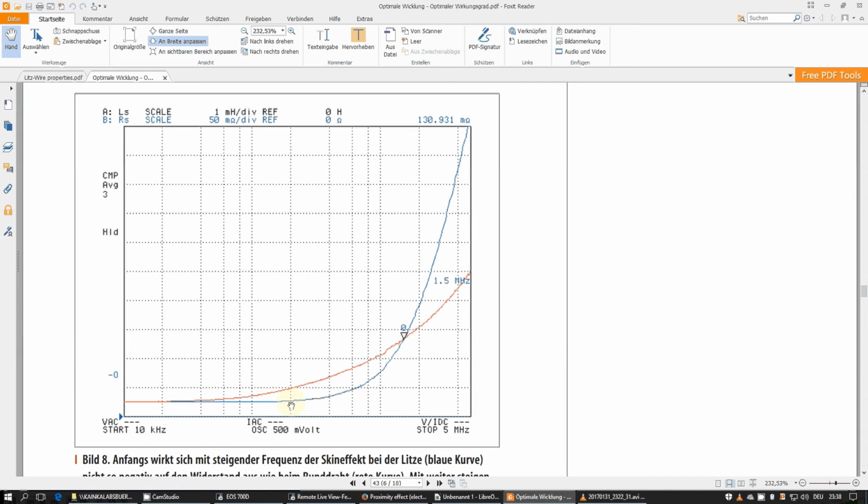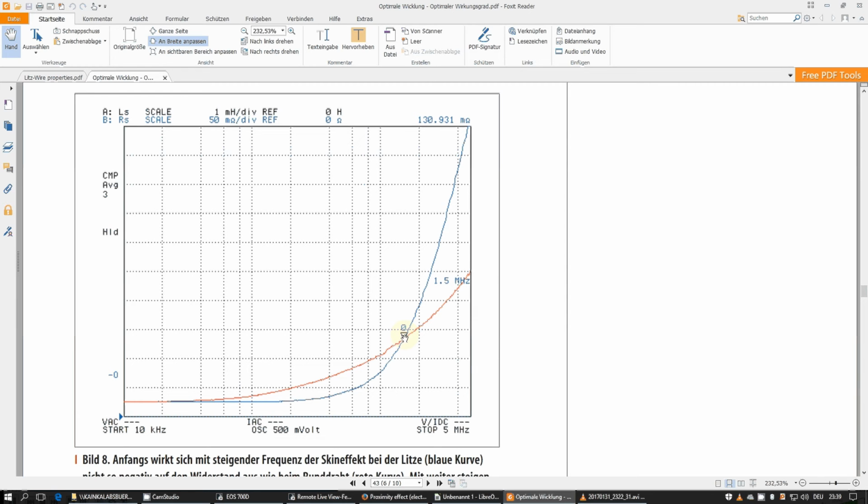And here, through the use of litz-wire, you can see a very slight rise, but the skin effect has nearly no effect, and obviously the proximity effect at this frequency also doesn't have an effect. But when we go to the AM radio range, 1 megahertz is here, and the end of the AM medium wave radio range is here at around 1.5 megahertz.